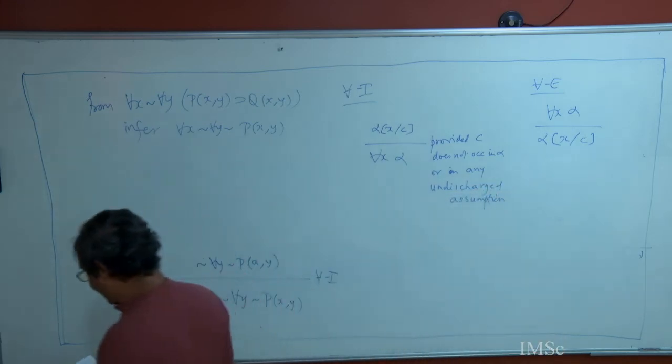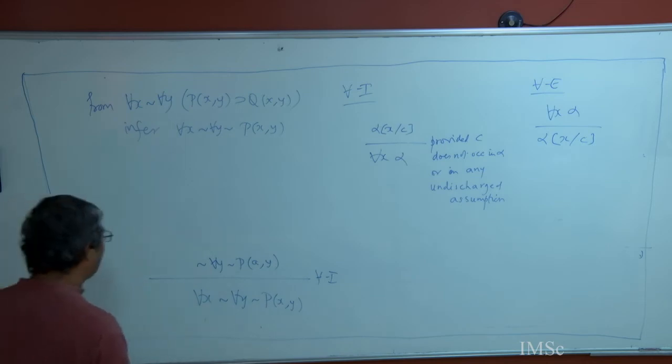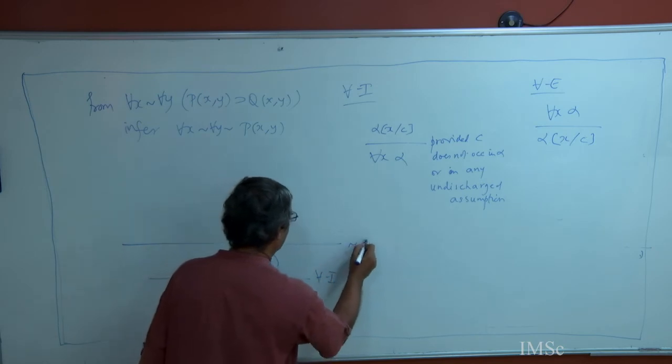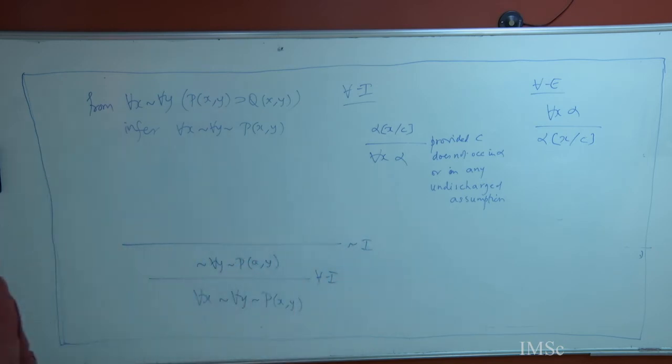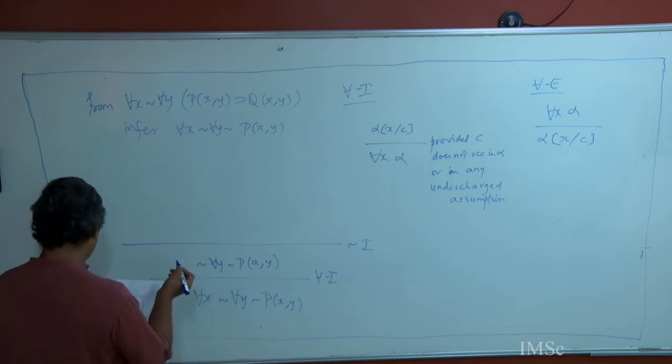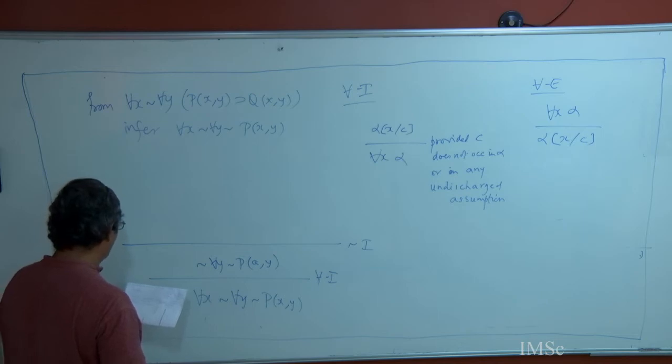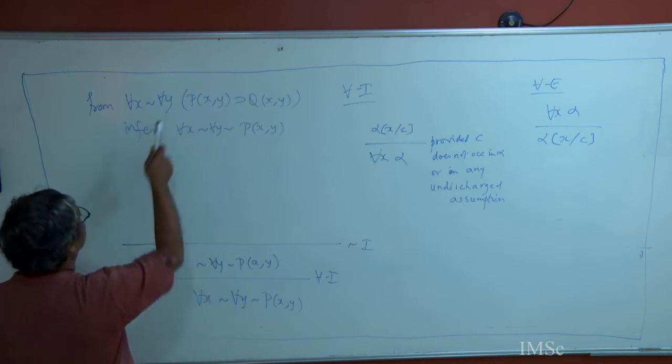Now this is of the negation form, so I need to use negation introduction, right? So that means from some assumption I want to get a contradiction, and the contradiction I am going to use is this.